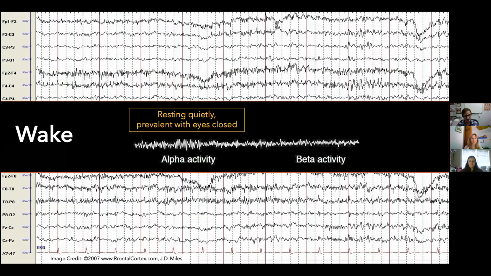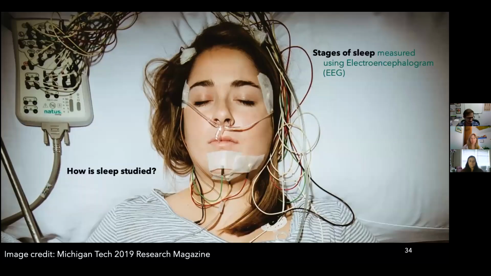And when your brain's really alert and actively thinking, you have what are called beta rhythms or beta activity. You can see the squiggles get tighter and the amplitude gets smaller. Okay, so now we know what EEG is measuring. It's measuring activity in the cortex that depends heavily on what the thalamus is letting through.